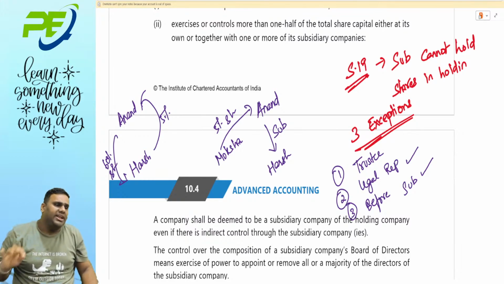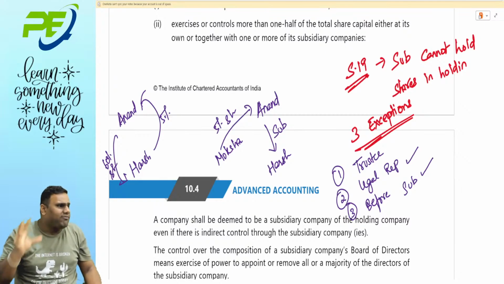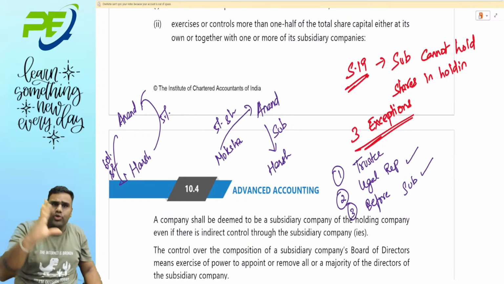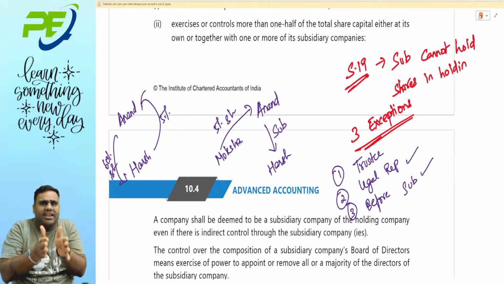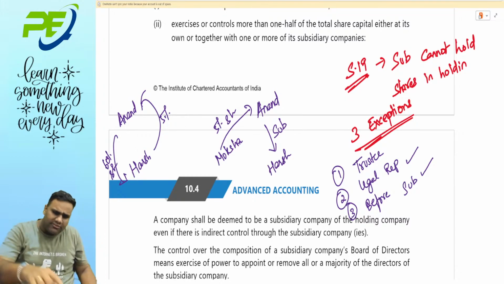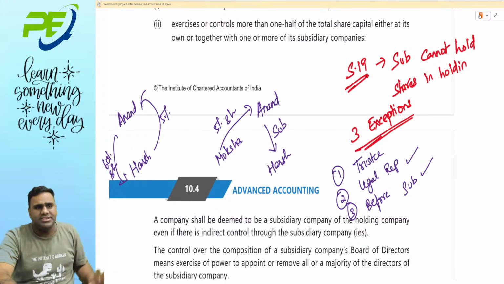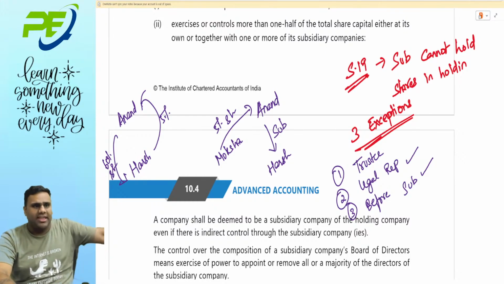First one, trustee. Now, who are trustees? Caretakers. In a temple, you have trustees. In an association, you have trustees. Those trustees are nothing but the caretakers. Let's continue the same example. Anand Limited has a subsidiary, Harsh Limited. Moksha is having 5% share. Now, Moksha did not die.